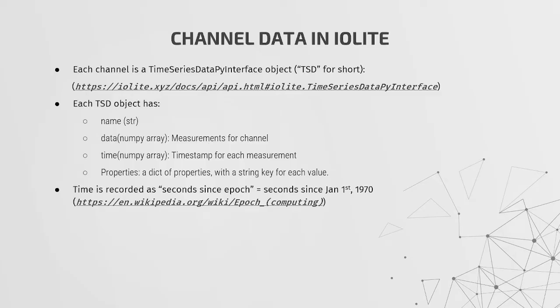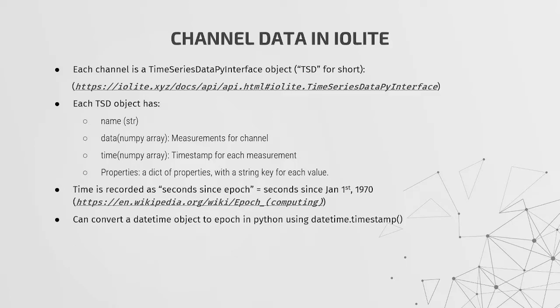So the time for your channel objects is actually recorded as a number representing the seconds since the epoch. That is the same as saying this number of seconds since January 1st, 1970. There's a link here that explains a little bit more, but basically it's just a really large number representing how many seconds have passed since that time and date.